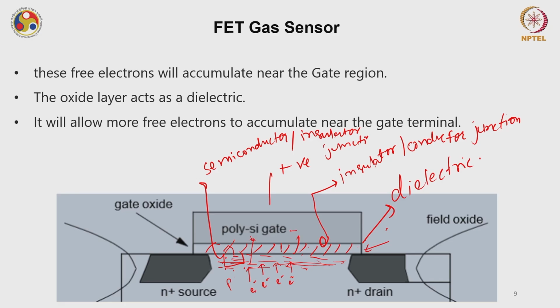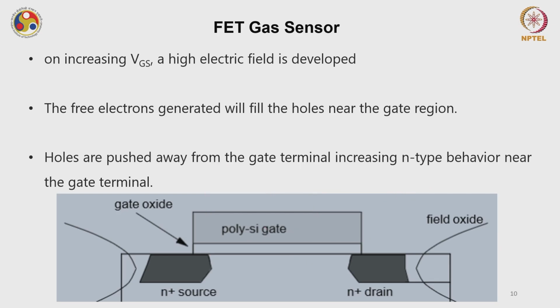Now, at the semiconductor-insulator junction, this electron is going to populate or accumulate. Okay, because of this dielectric layer, it is not going to the gate terminal. Okay, when you keep on increasing this gate voltage with respect to source, what is happening is a lot of electrons accumulate here and constitute a path.